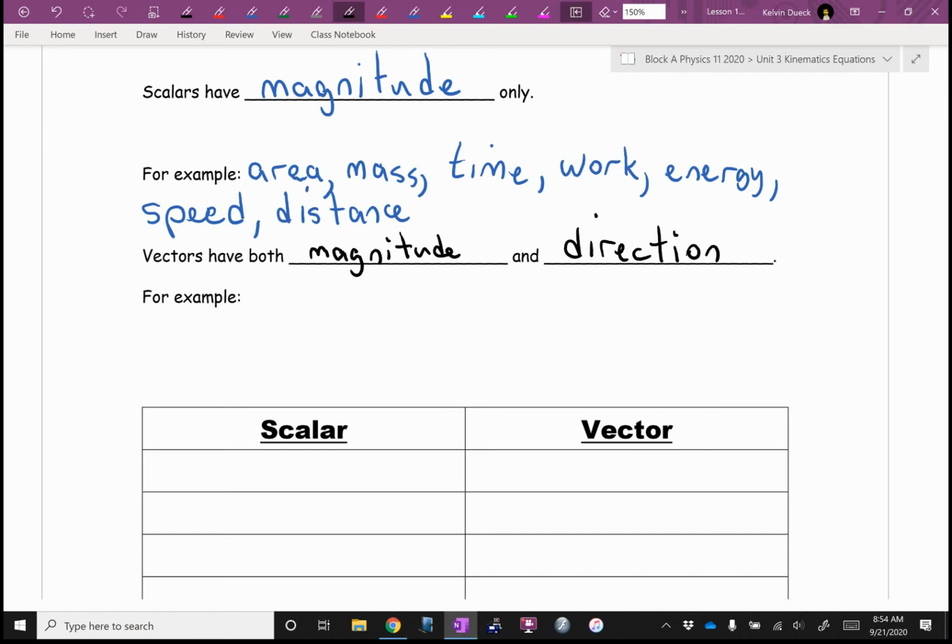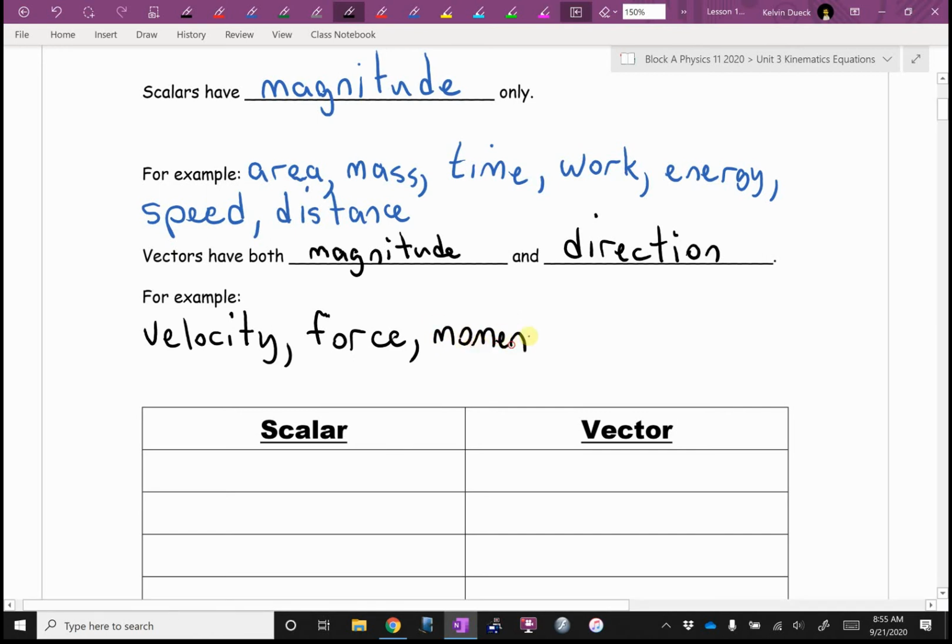For example, velocity is a vector. Force is a vector. Momentum is a vector.